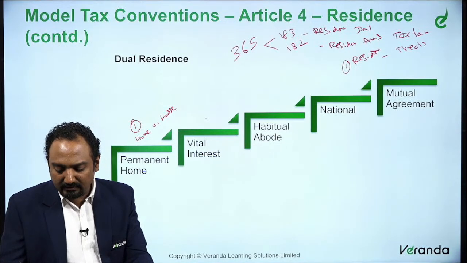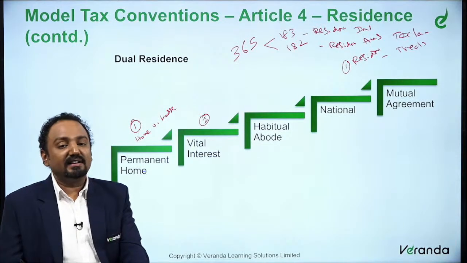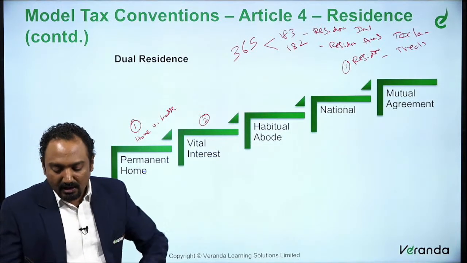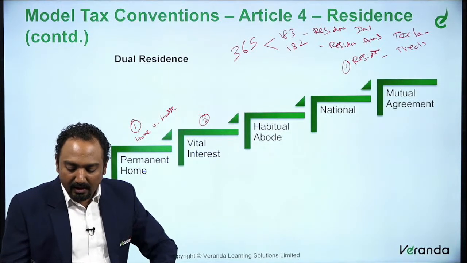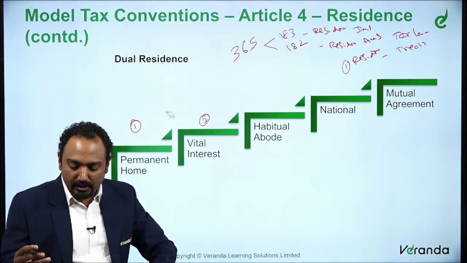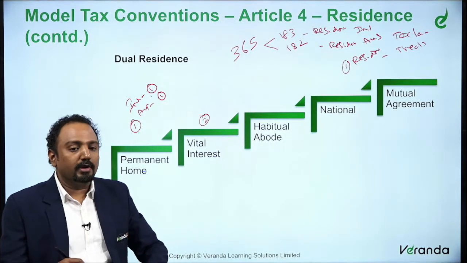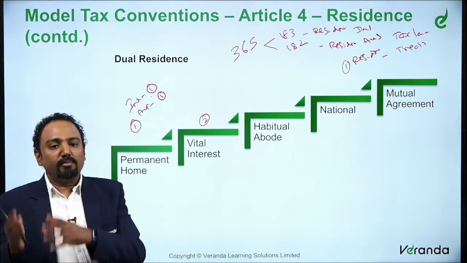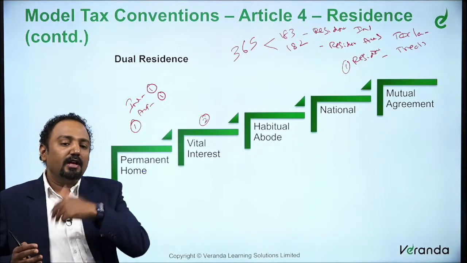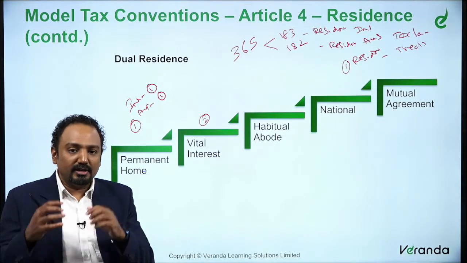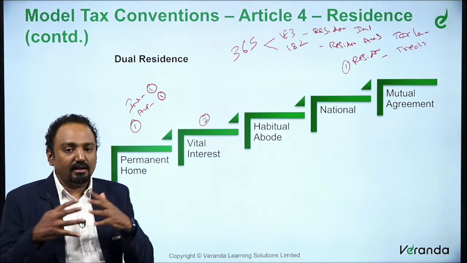The second condition is your vital interest. Now, what happens if you have a home in both countries? In India you have one home, in Australia also you have one home. If you are here in India, you live in this home. If you go to Australia, you live in this home. So it's again a tiebreaker, right? It's again mutual.